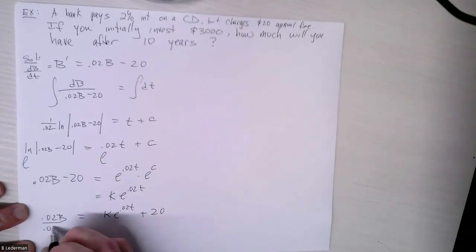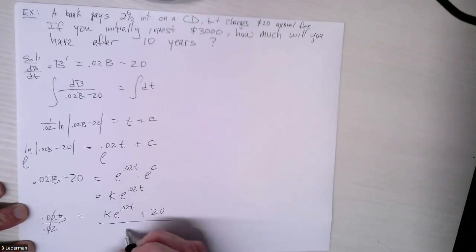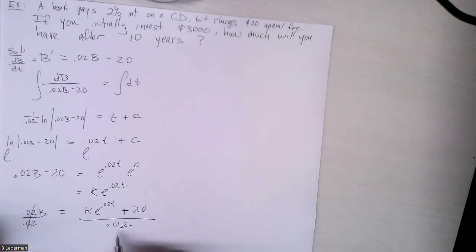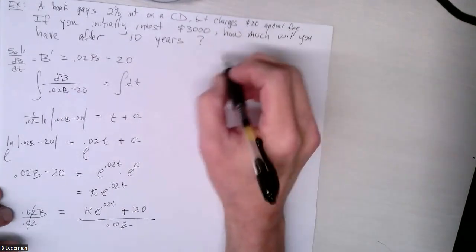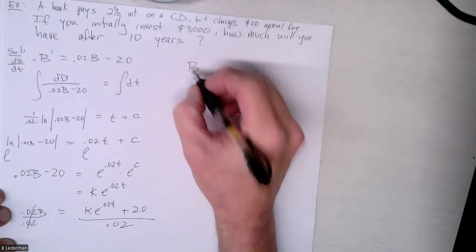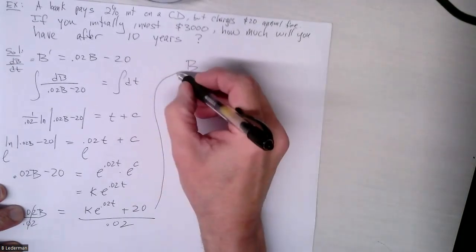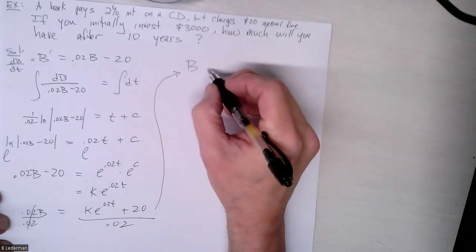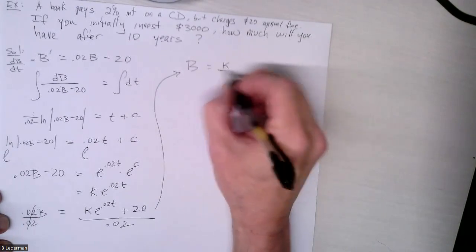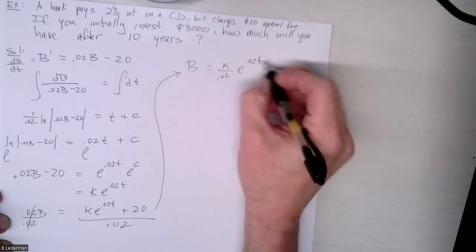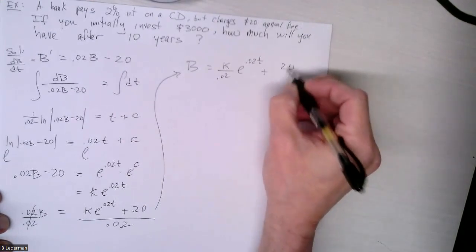And now I'm going to divide both sides by 0.02. And this leaves me, so b is equal to k over 0.02 times e to the 0.02t plus 20 over 0.02.